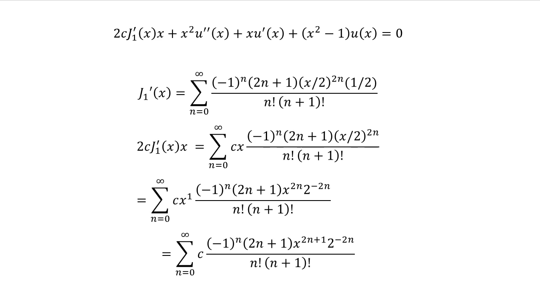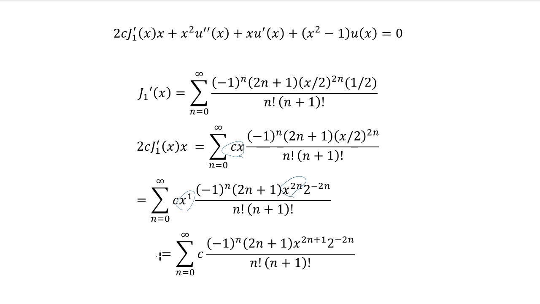Then you multiply 2c to this thing, 2 and 1/2 will cancel. You still have c and x multiplied. And then because x is x to the first power, you can rewrite this as x to the 2n times 2 to the negative 2n, you can multiply these two to make it look like x to the 2n plus 1 times 2 to the negative 2n.